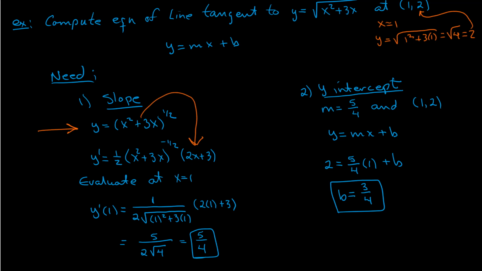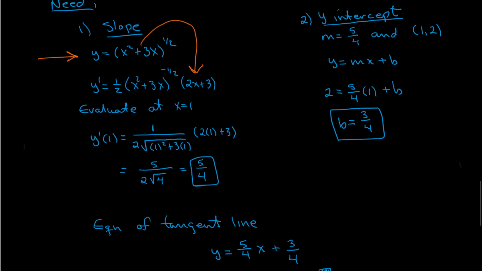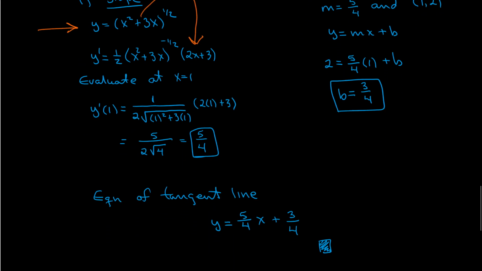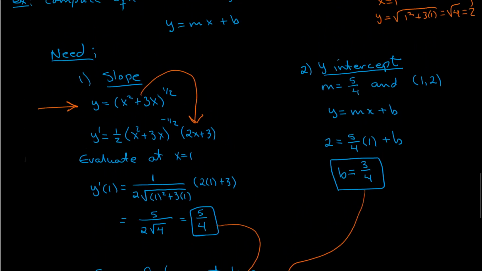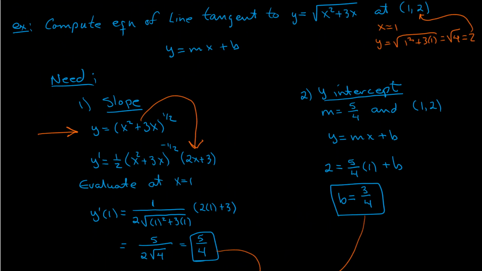Solving for b, you get b is equal to 3/4. So I have a slope and I have a y-intercept. This allows me to write the equation of the tangent line, y equals 5/4 x plus 3/4. And that's how you work out the equation of the line tangent to a function where you need to use the chain rule.